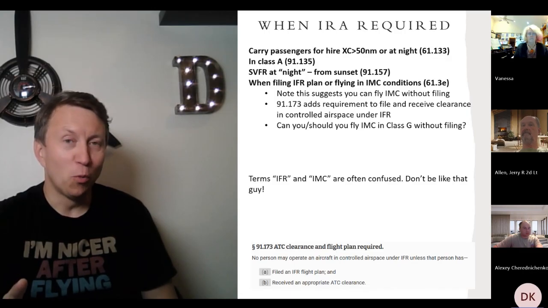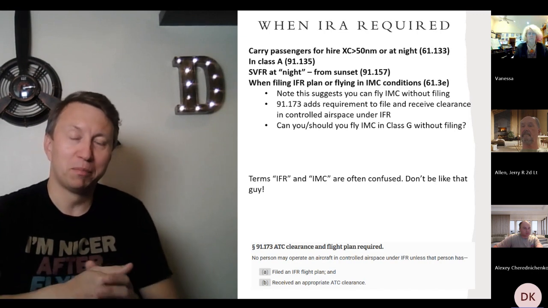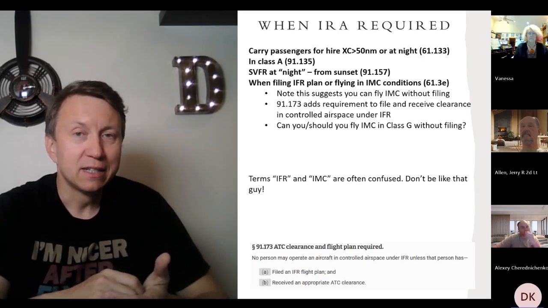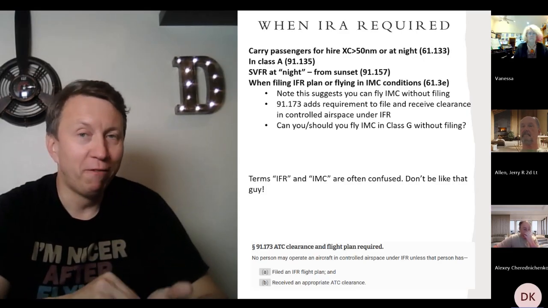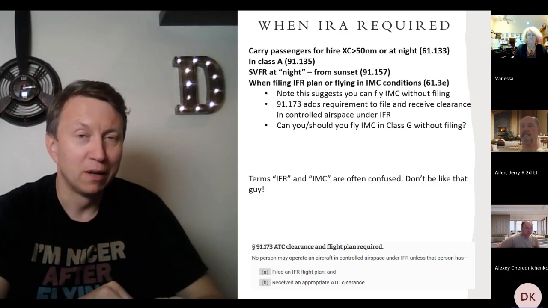Now in 91.173, see that's a Part 91 already, not 61, that adds a requirement to file and receive clearance when you are in controlled airspace under instrument flight rules.